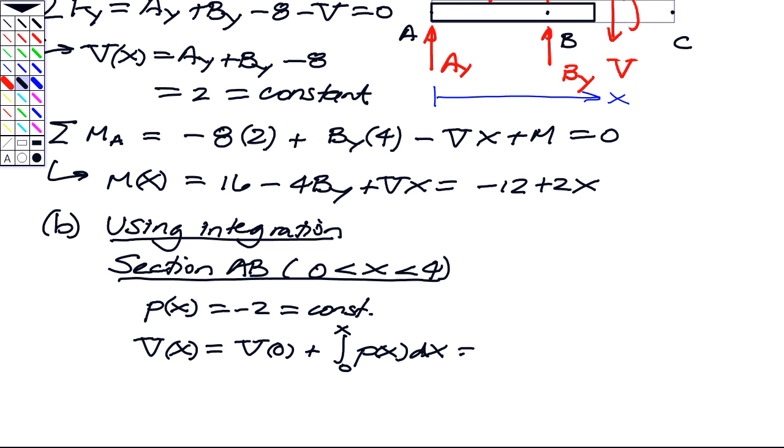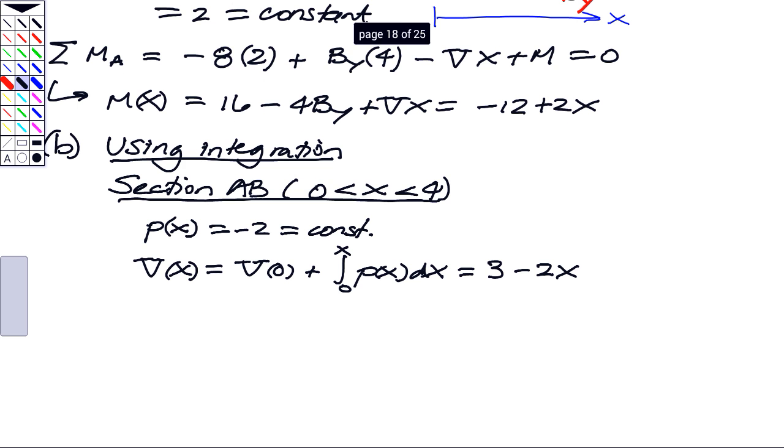We know that the shear force on the left face, that was equal to AY, it's up, so it's a positive 3, minus 2x. 2 is a constant. And this is what we had by our FBD approach.